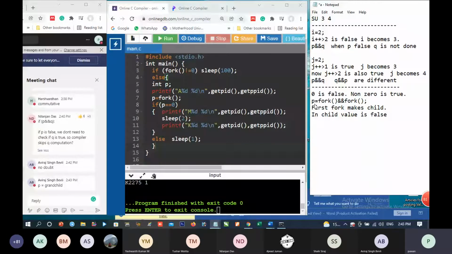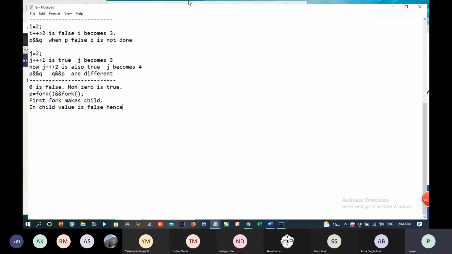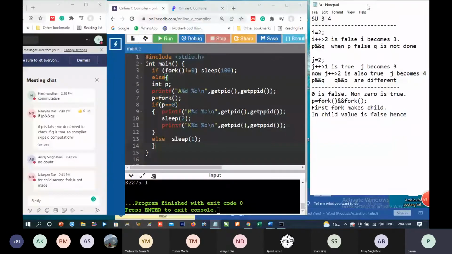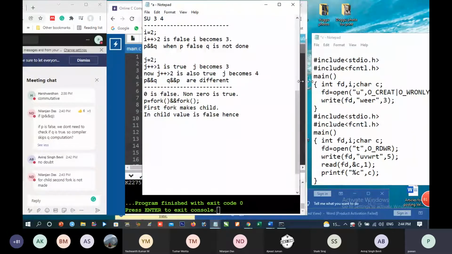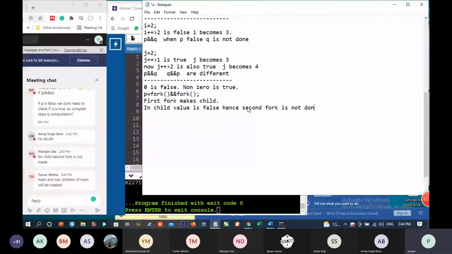Hence, the second fork is not done. Only for main the second fork is done.